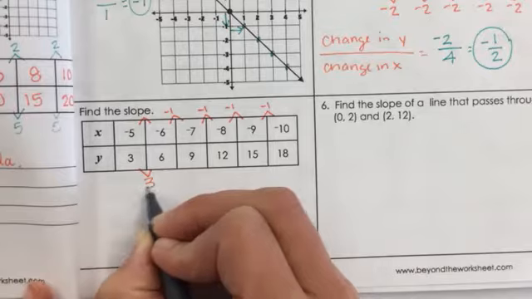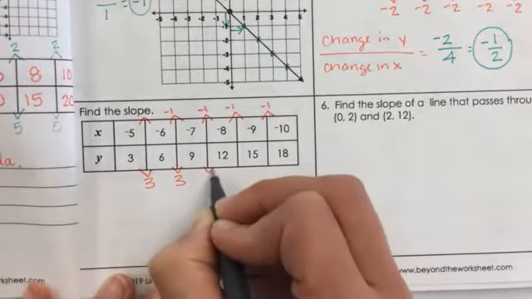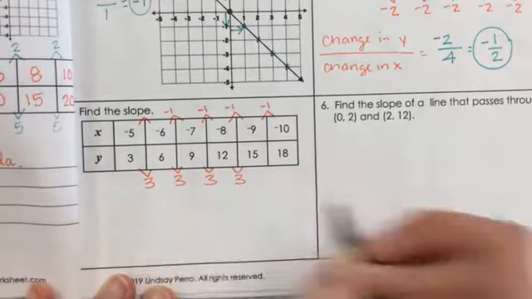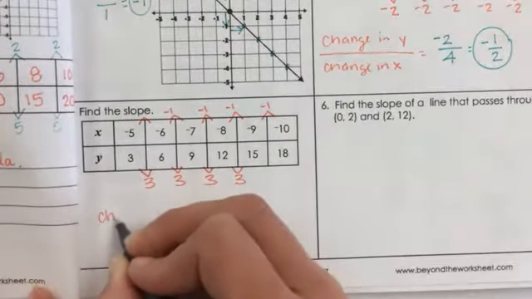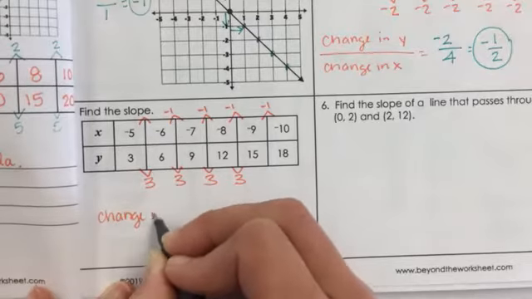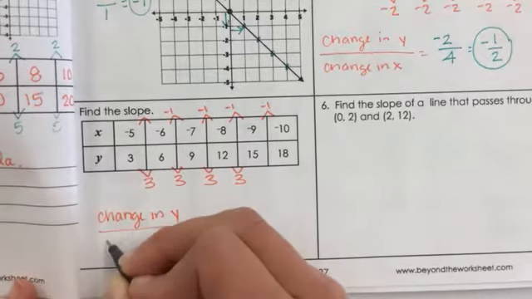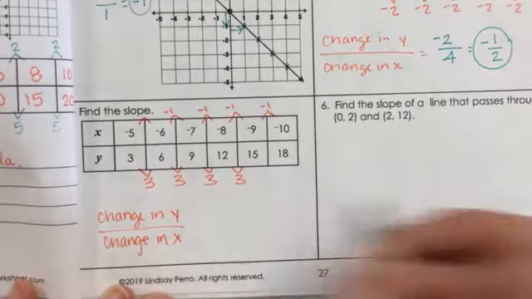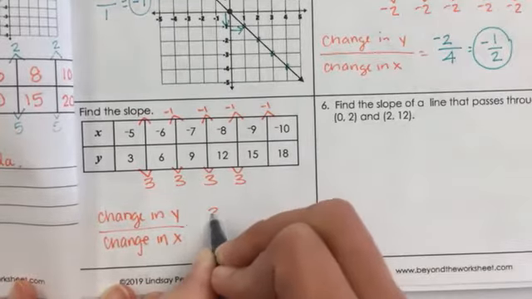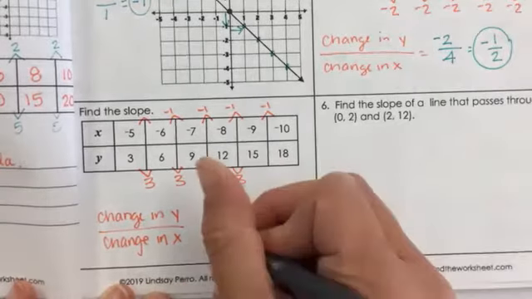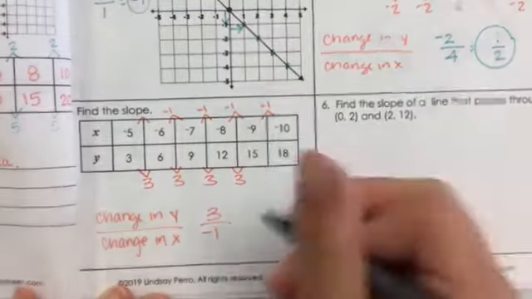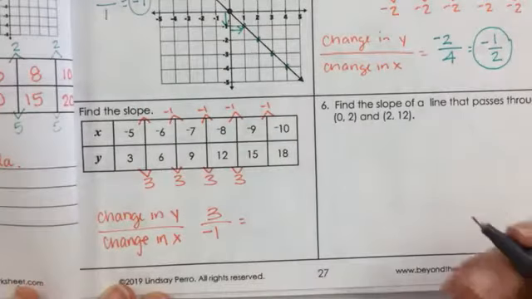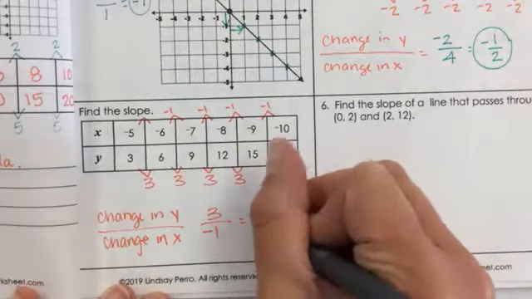We're going up by 3, right? Okay, so again, change in y over change in x. So change in y was 3. Change in x was a -1. 3 divided by -1, that's -3.